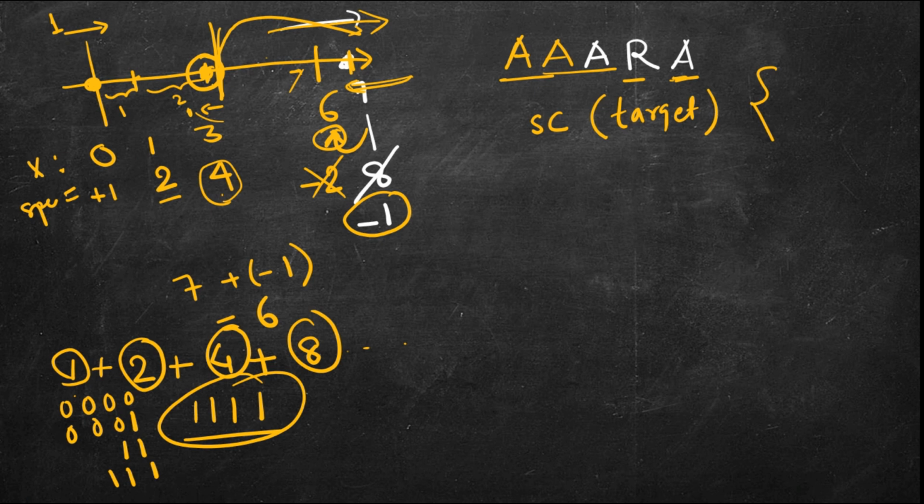If the target was 7, then we would have exactly reached the target in one go. That is another case, but that will not happen too often. So either you overshoot or you stop just before overshooting and then turn back, take some steps, turn back again and take some steps to reach the target.